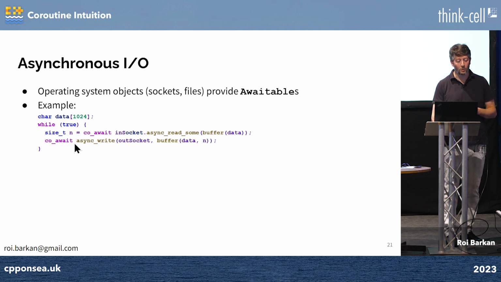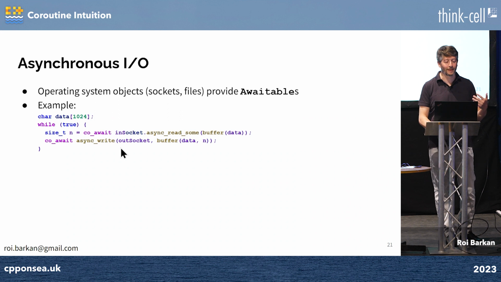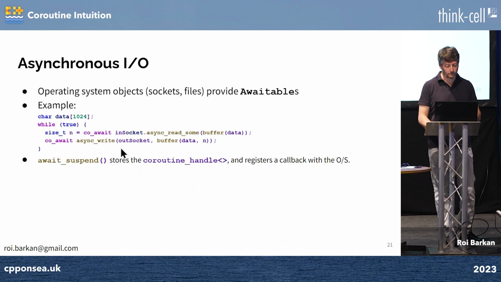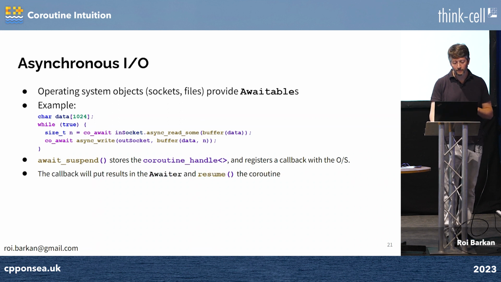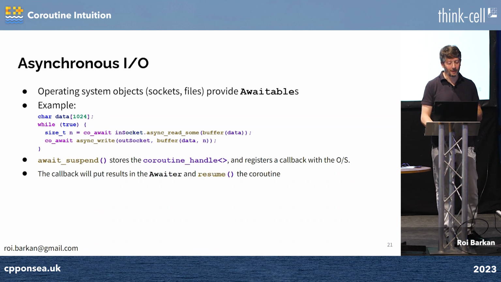And similarly, I co-await the write operation and I know that it will get resumed only once the write is over. So again, the await suspend for this awaiter will typically just store the coroutine handle of whichever coroutine called it and register a callback with the OS to be woken up when the operation is done. And then when the callback is called, it will find the awaiter, find the coroutine that was waiting for it, and be able to resume it.